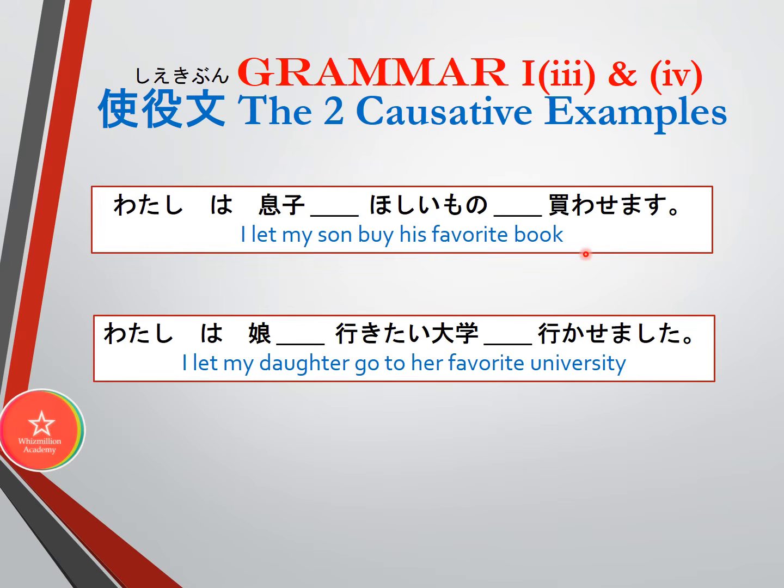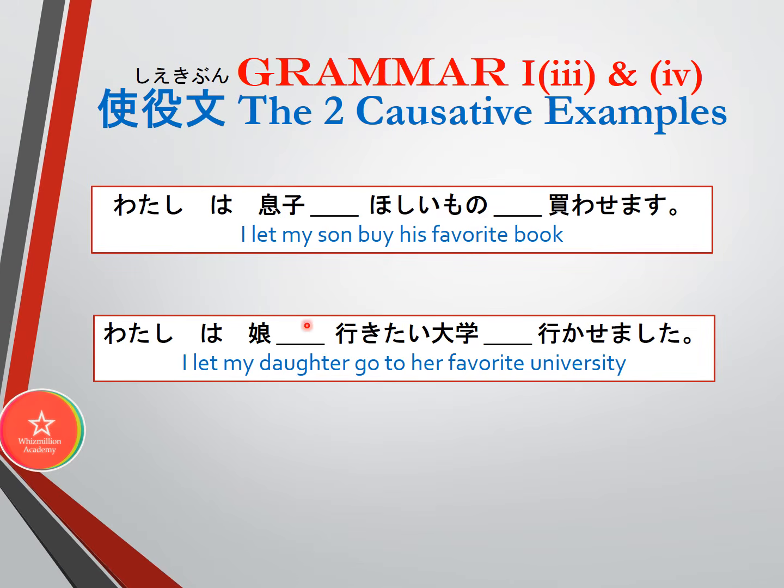The differences are, in the first sentence, kawasemasu, which is kaimasu, buying, this is a transitive verb. Ikimasu is an intransitive verb. So the particle attached to the person receiving this instruction is o.